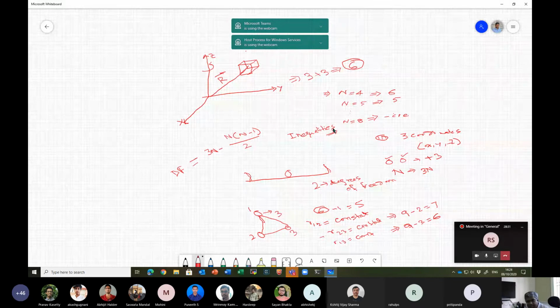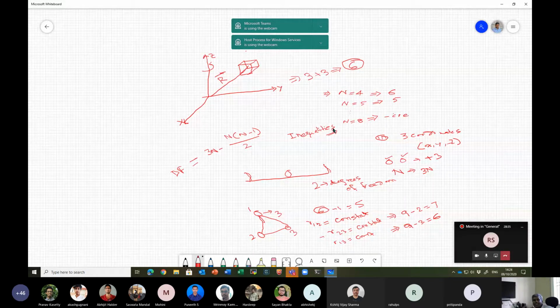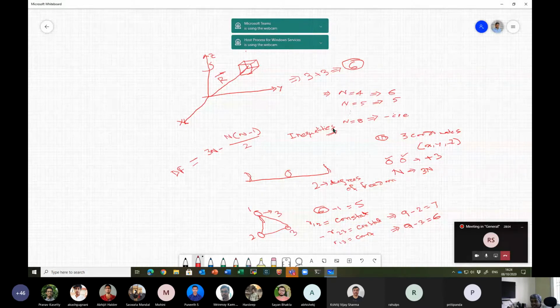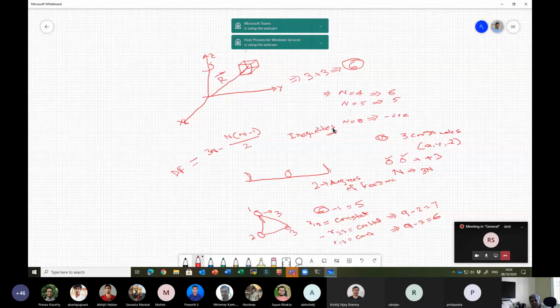Okay, now the problem we are discussing: a particle on the table is moving in the 2D plane. It has 2 degrees of freedom, because the third one you have already fixed, that it is moving in the plane. Now if you put the constraint that this particle can move on the table but cannot go beyond the edge, it is some kind of constraint.